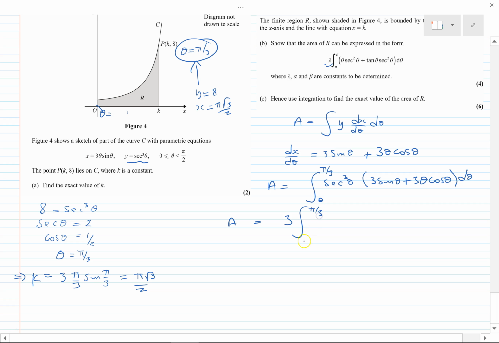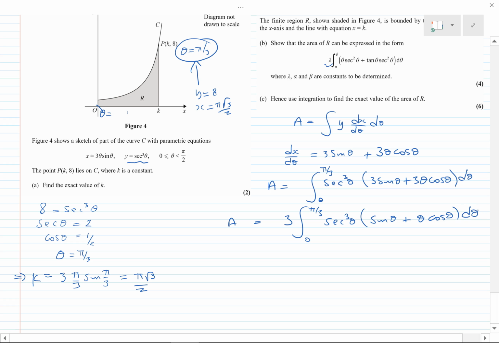Pi over 3, 0 of sec cubed theta, 3 sine theta plus 3 theta cos theta. Not 3, there's no 3 this time, sine theta, we're taking it out as a factor, plus theta cos theta d theta.